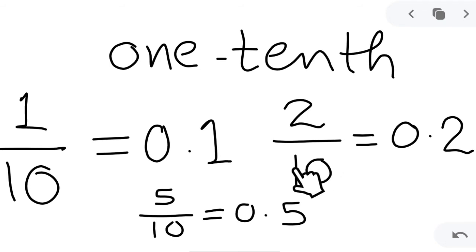If there were 2 zeros, then after the decimal point it is necessary to have two numbers, but here it is 1, so we are having 1. Similarly, 5 by 10, there is 1 zero in the denominator, so after decimal point we have only one digit.